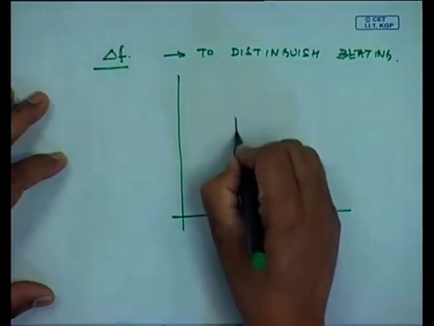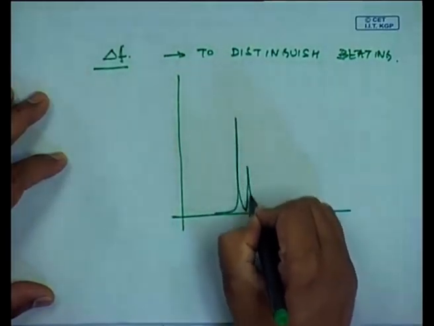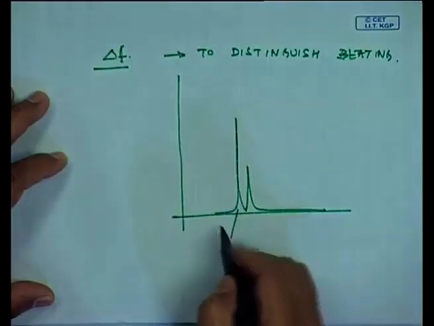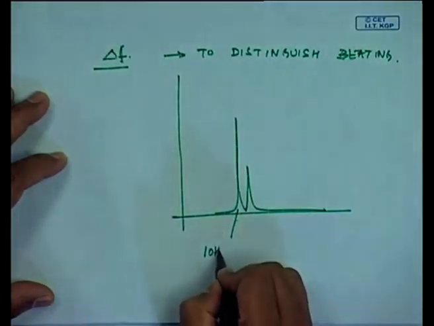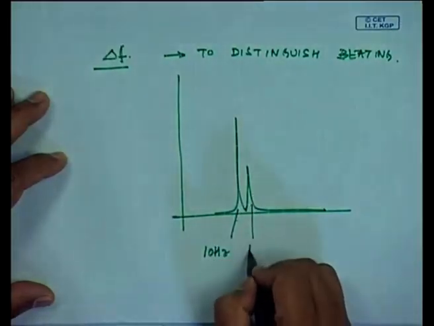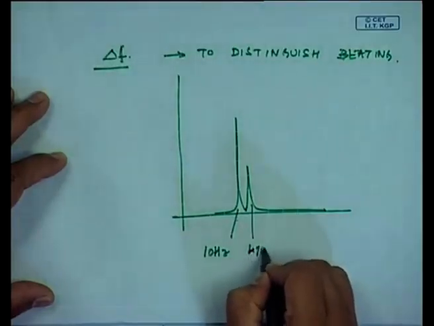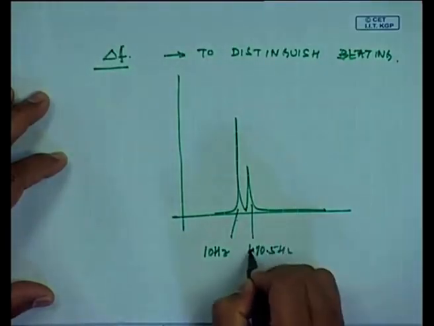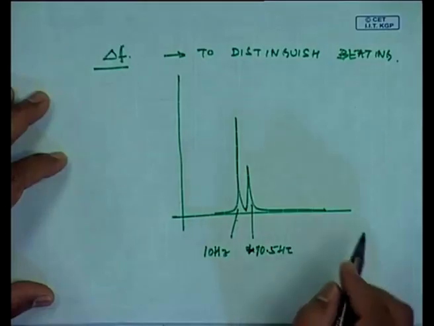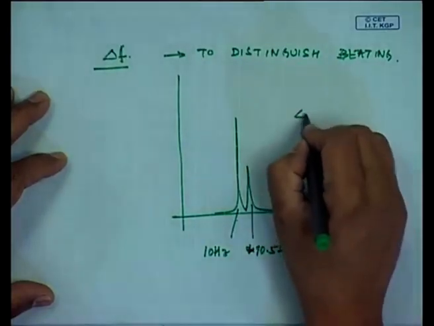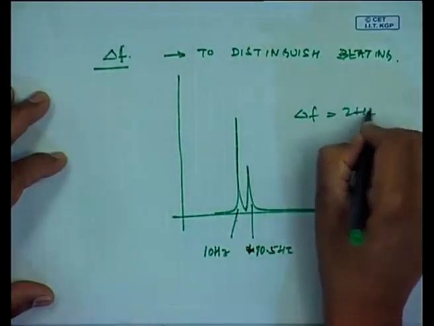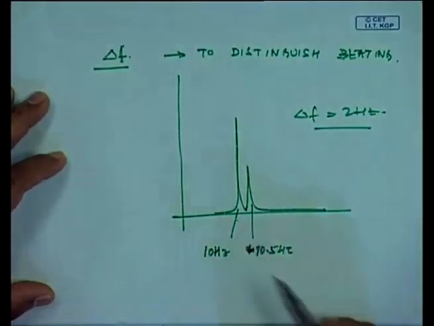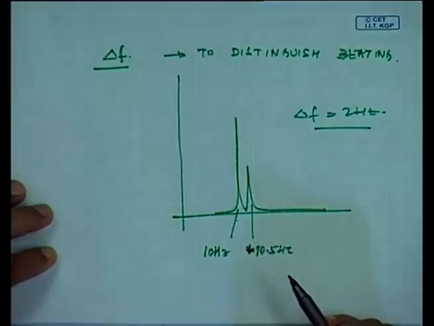Suppose I have one signal at 10 hertz and this is 10.5 hertz. If my delta f is 2 hertz, I am never able to distinguish between these two signals, isn't it?